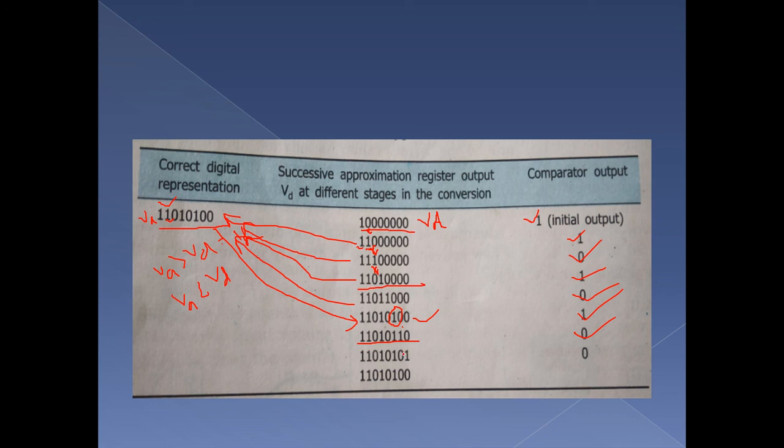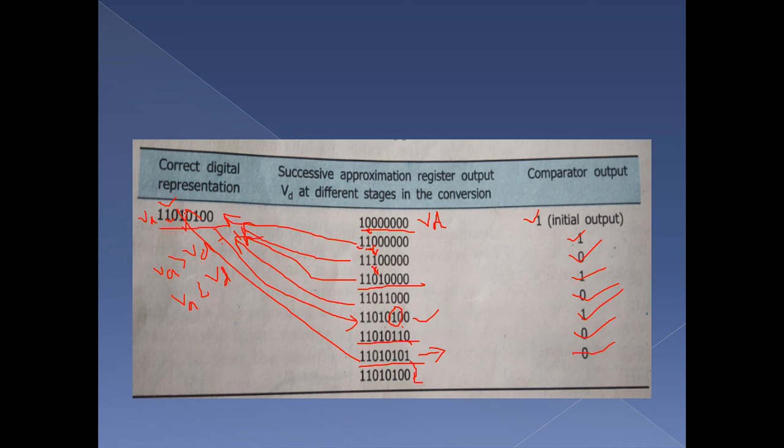Next we recorrect: the 1 is made 0 and the next 0 is converted into 1. Here also VA is lesser than VD, so the comparator output will be 0. Next we recorrect, and the 1 is replaced again by 0.